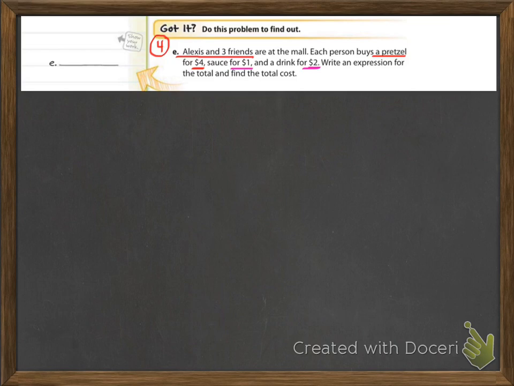So since there are 4 people, and each of them bought a pretzel for $4, we're going to write that here, plus, again, there are 4 people, and each of them bought sauce for $1, so that's going to be times 1, plus, then you have 4 people again, and each of them bought a drink, so you have 4 times 2.